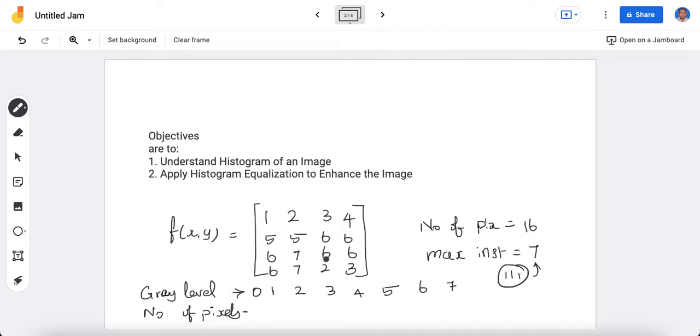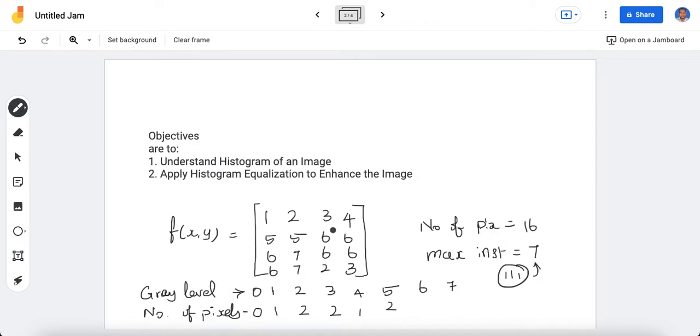The number of zeros available in my image is 0. Similarly, the number of ones, I have only one. Number of twos, 1, 2, I have 2. Number of threes, 1, 2, so I have 2. Number of fours, only 1. Number of fives is equal to 2.